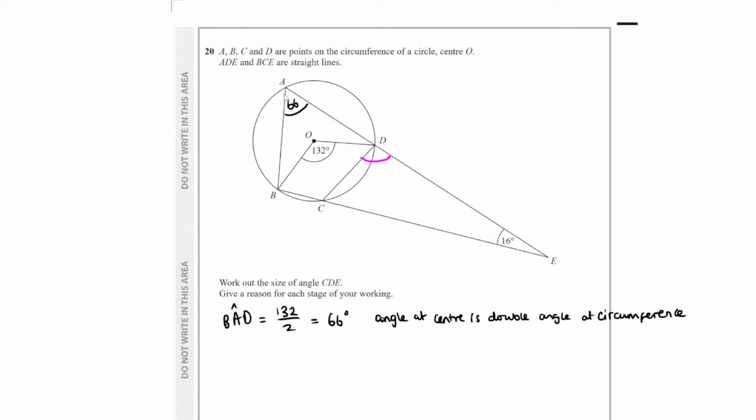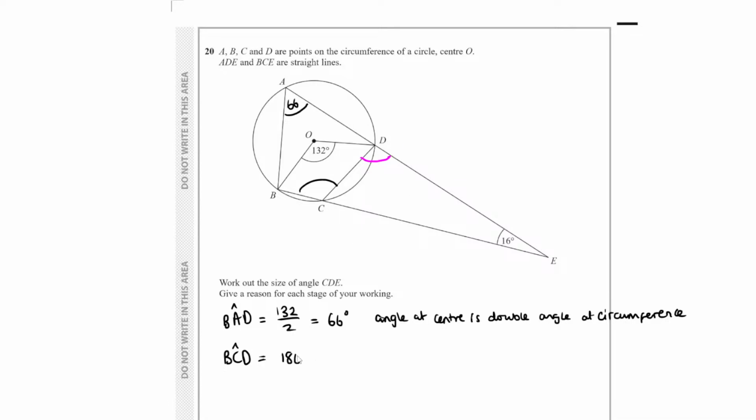And then what I thought is if you kind of mentally try and zoom out and look at the bigger picture, try and ignore all of this. Do you see how A, B, C, D is a cyclic quadrilateral? It's a four-sided shape where all four corners touch the circumference. And the opposite angles in a cyclic quadrilateral add up to 180. So I could work out BCD, because that's then getting closer to the angle that I want, isn't it?